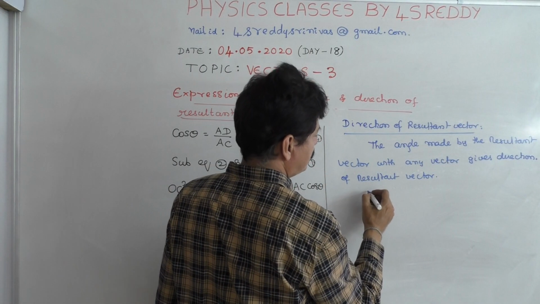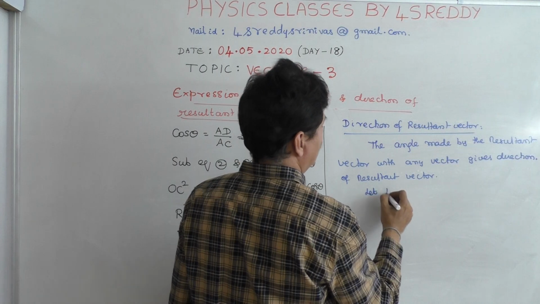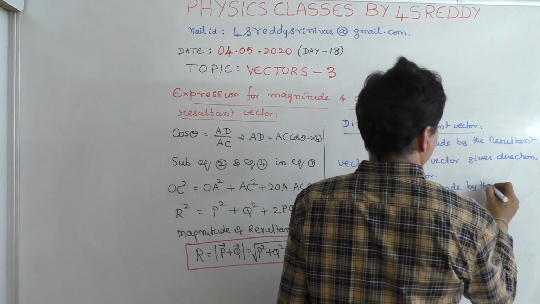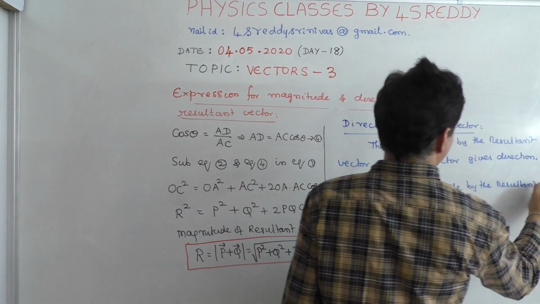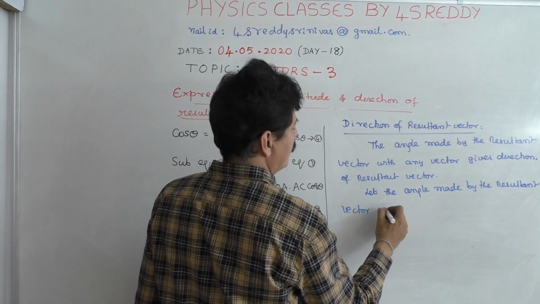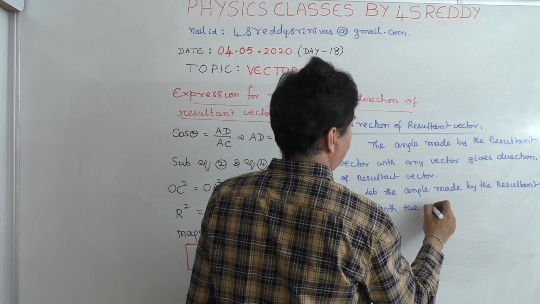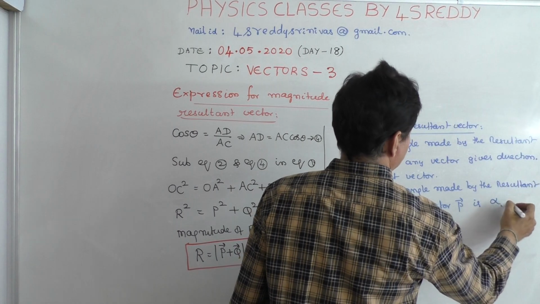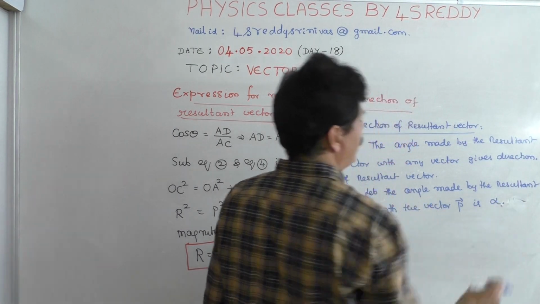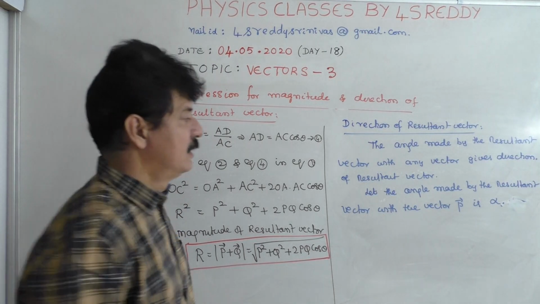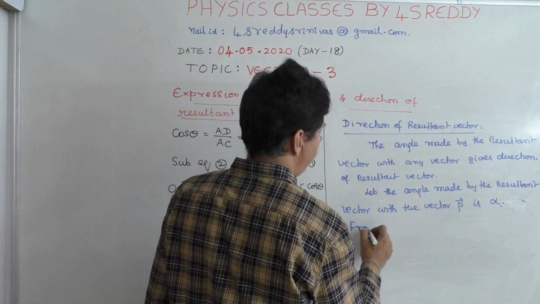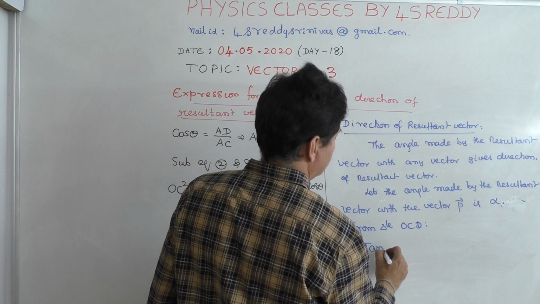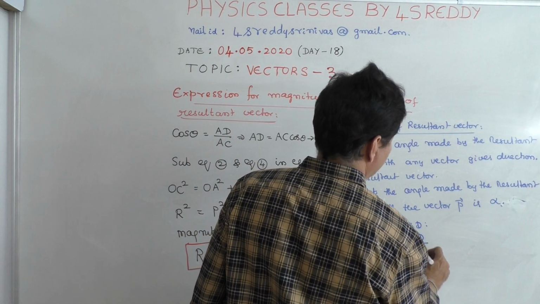Therefore here, let the angle made by the resultant vector with the vector P bar be alpha, which represents the direction. Therefore alpha is the resultant direction. Therefore we had from triangle OCD, tan alpha is given by CD by OD.